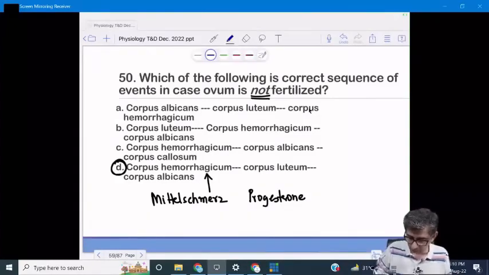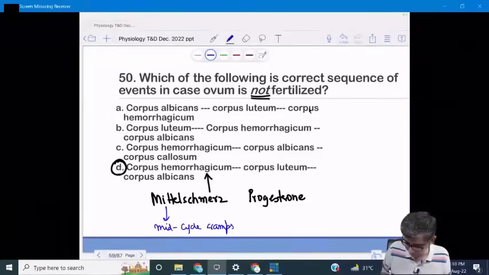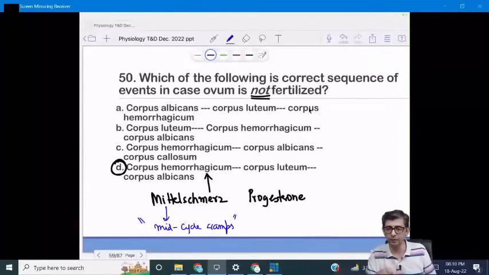This term that I've written, Mittelschmerz, is for mid-cycle cramps, which will occur around the 14th day of the cycle. Normally a woman will be having cramps before the menstrual cycle or during menses. But a young female came to you and she says, sir, I have no problems whenever my periods are occurring, I get it mid-cycle. Got my point?